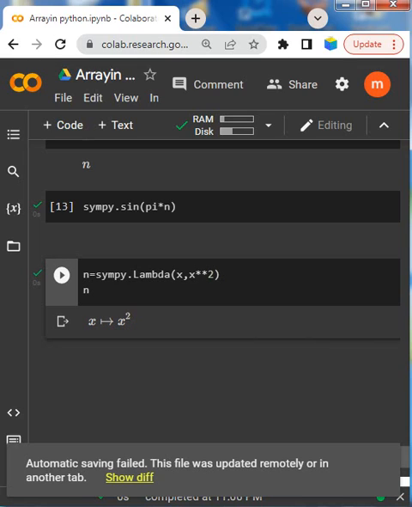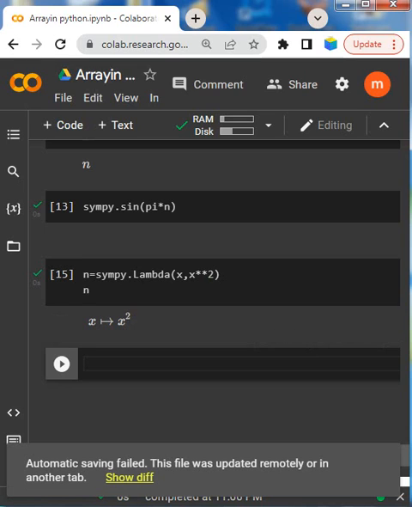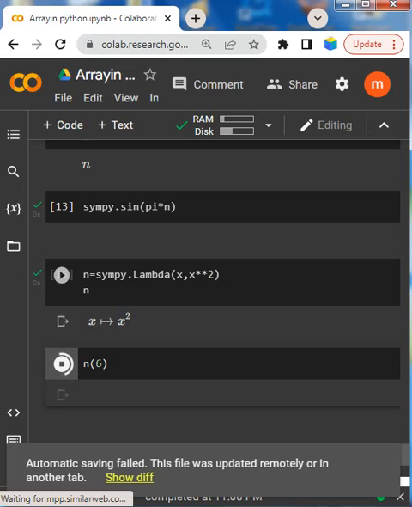So the same, if I write n of 5, you can easily get the value. Let's see what the output is if I put 6, because I have already created the lambda function. So if I put 6, then we get x tends to x square, so you can write 36.